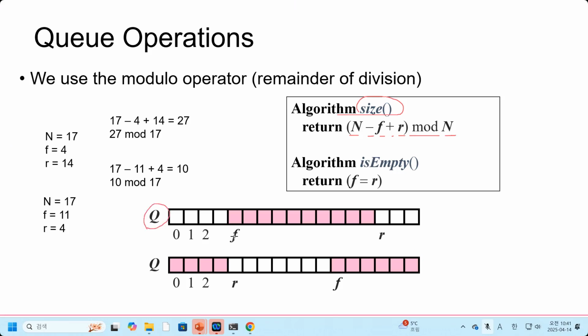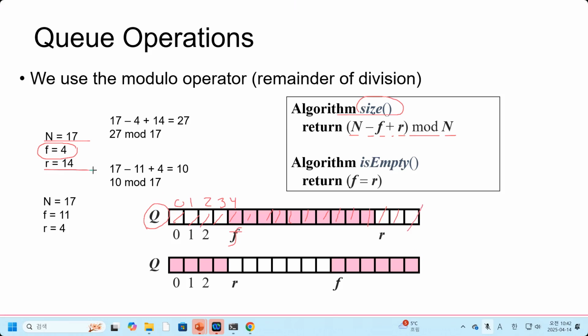I have the front now. The front is 4. Okay, 0, 1, 2, 3, 4. And let's say this n is 17. So we have 1, 2, 3, and so on up to 17.